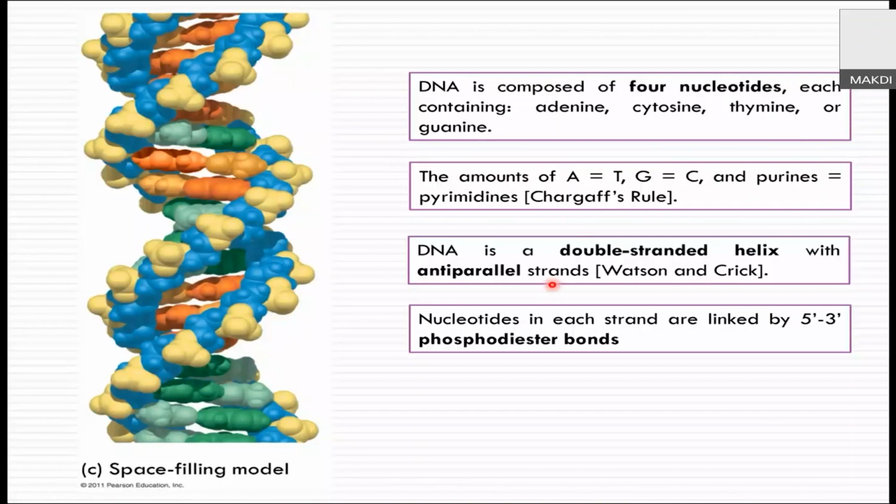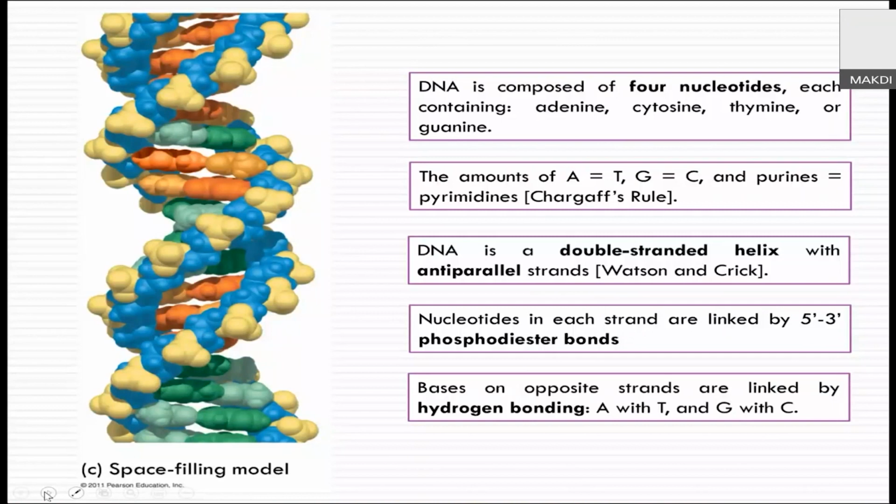Nucleotides, the AGCT, are linked by 5' to 3' phosphodiester bonds. This one is chemistry, you know. Like the peptide bonds, everything. This one is the phosphodiester bond.